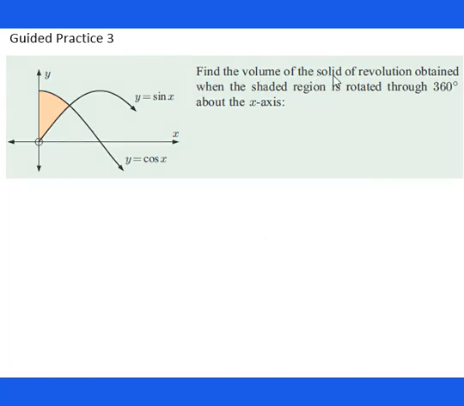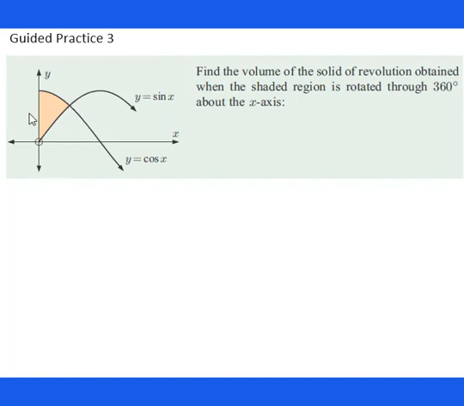Find the volume of the solid of revolution obtained when the shaded region is rotated through 360 degrees about the x-axis. First of all, we need to figure out the intersection. This intersection will be pi over 4.